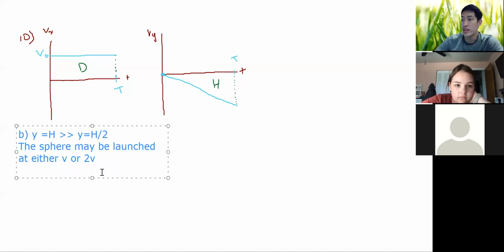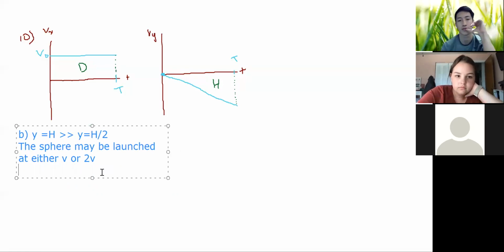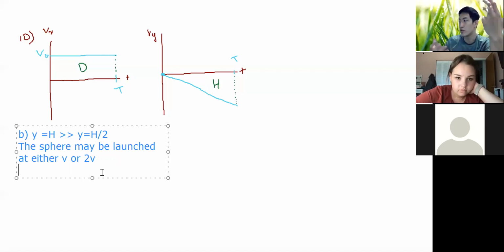So when you decrease the height, h divided by 2, what happens to the time it's in the air? What do you think happens? What do you think happens to the time it's in the air if you divide it by 2?